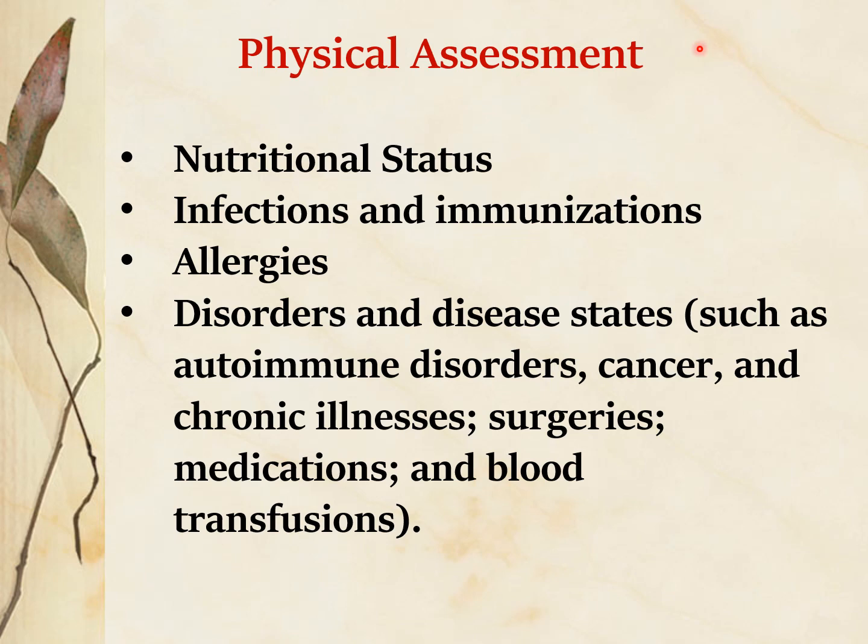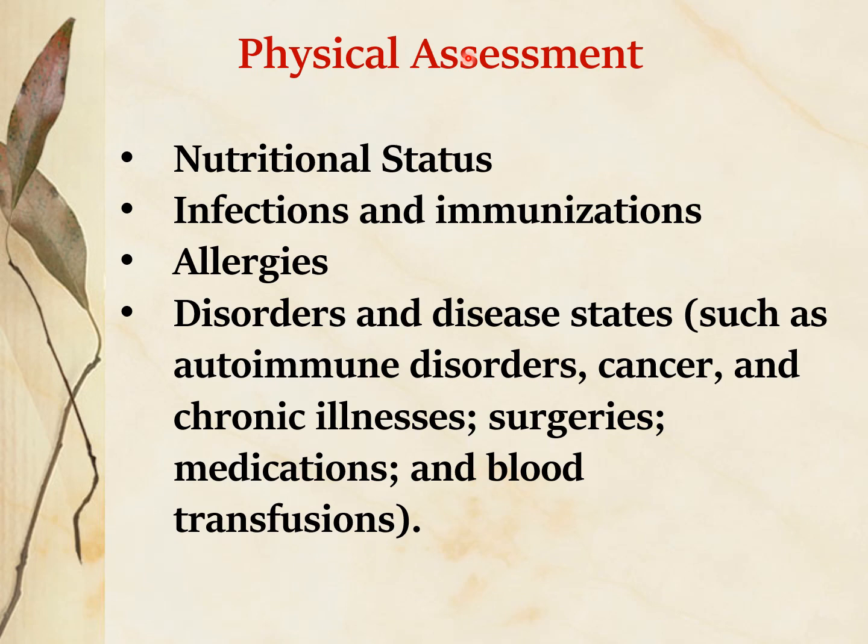You can also check if the patient has had exposure to contagious disease such as tuberculosis or TB, and if the patient has undergone any checkup, for example, the tuberculin test, what we call the PPD or purified protein derivative test, or any other procedures such as a chest x-ray.